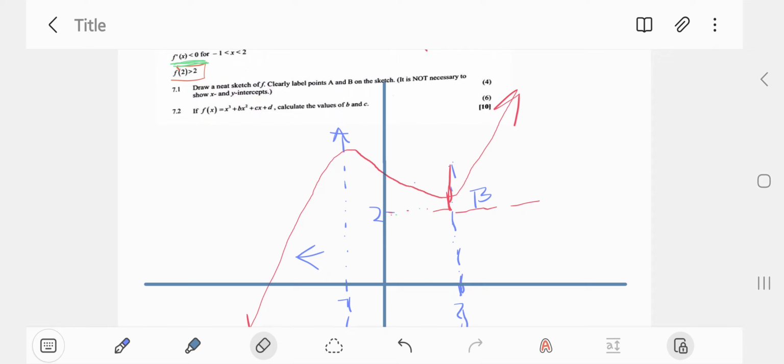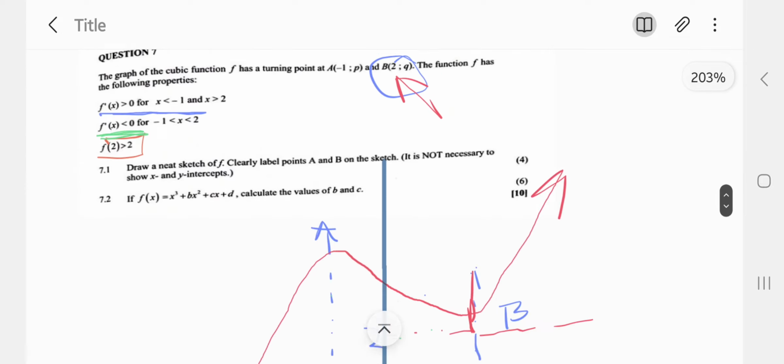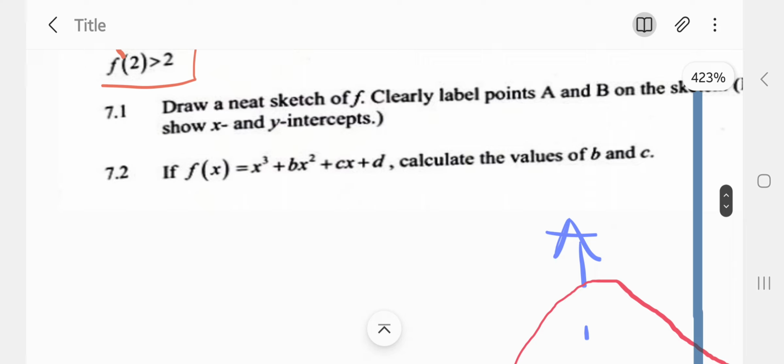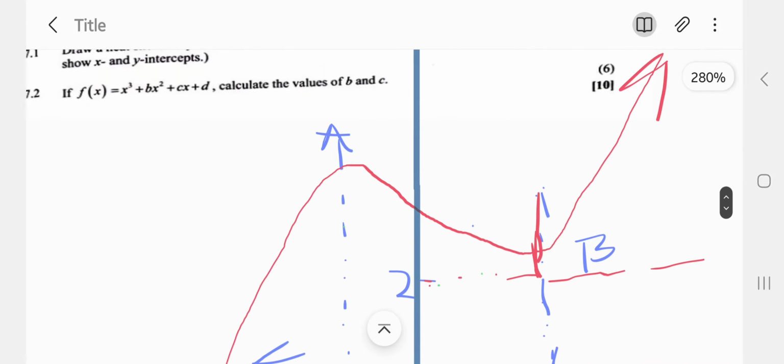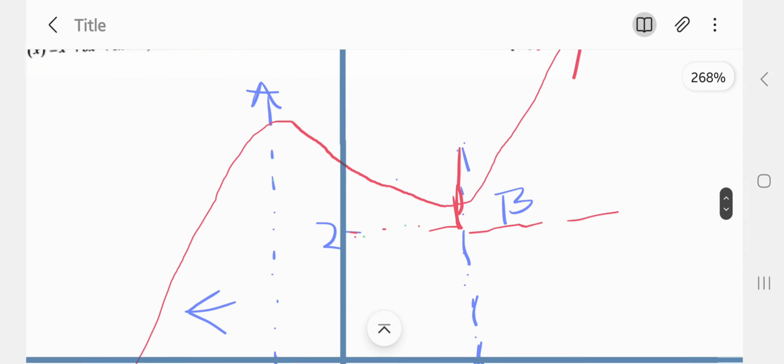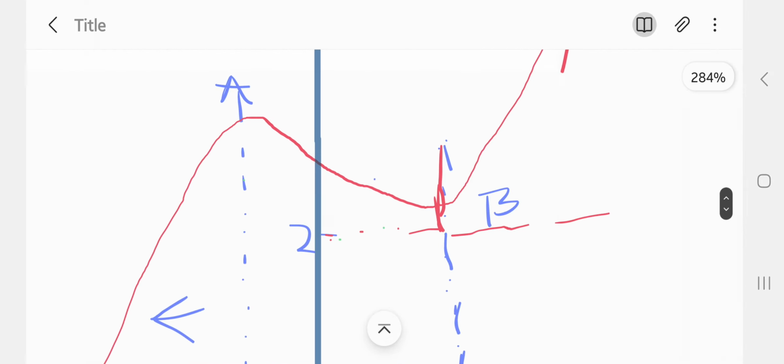So the next one says that if f of x is equal to x cubed plus bx squared plus cx plus d, calculate the values of b and c, right? So first of all, guys, what information do we have on this graph? We have the x values of the turning points. Initially, what we understand is that at the turning point, the gradient is 0.